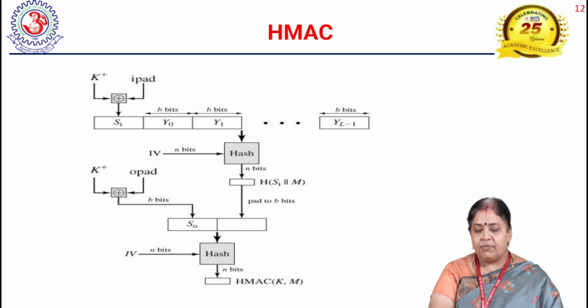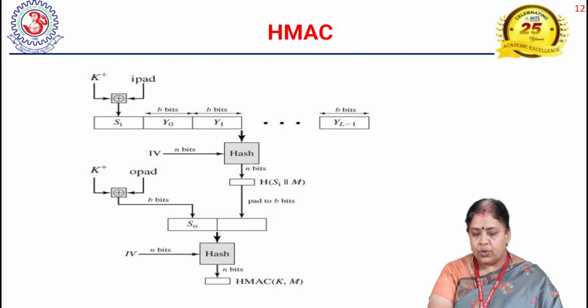So that is given to the hash function, a normal hash function algorithm we can use, like the SHA-256 algorithm. IV is an initialization vector which is given as an input, which produces n bits, that is the result of SI concatenated with the message, the hash code.